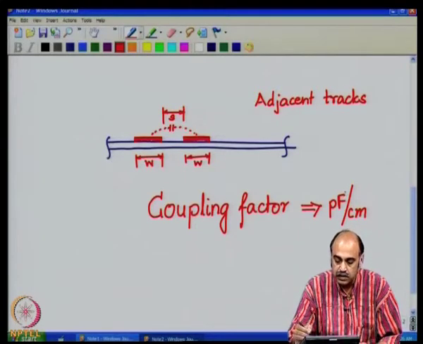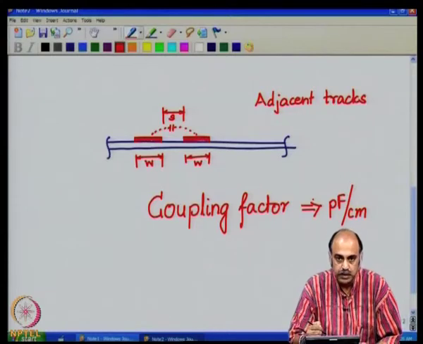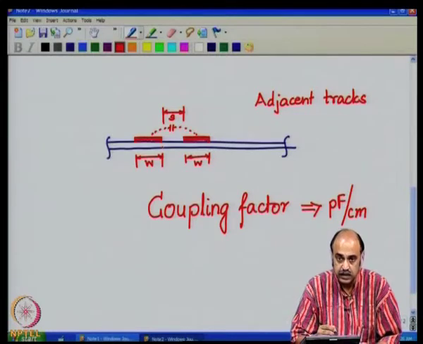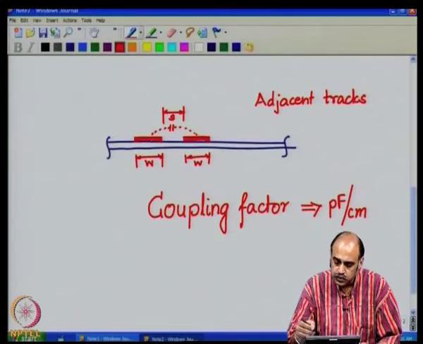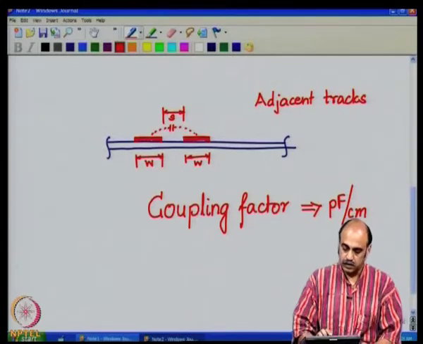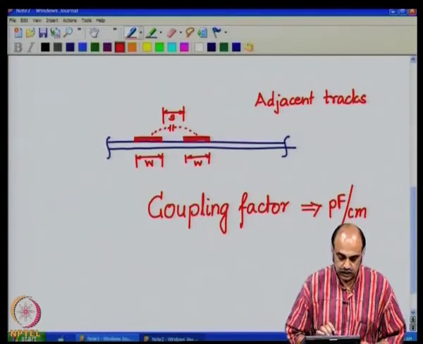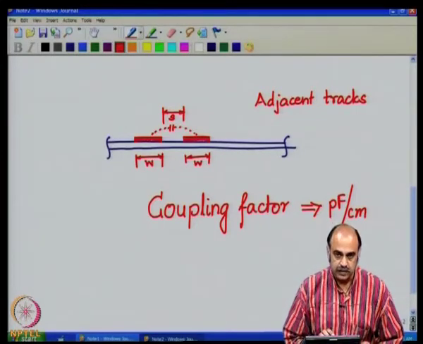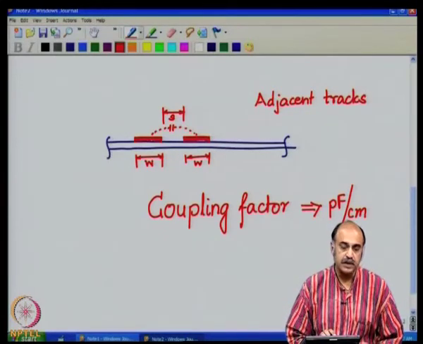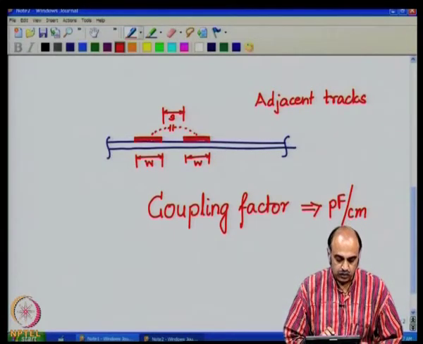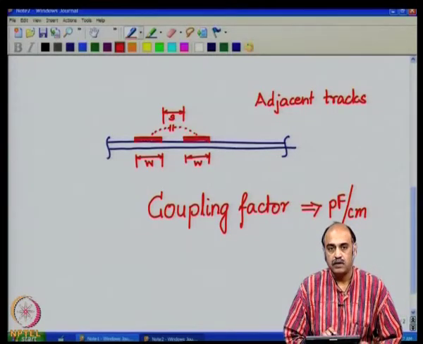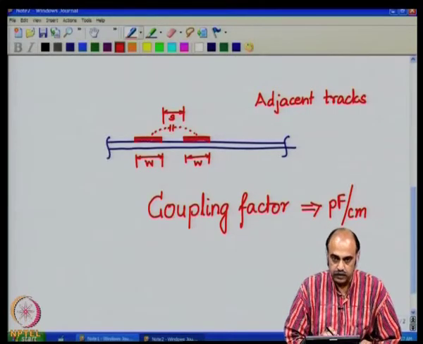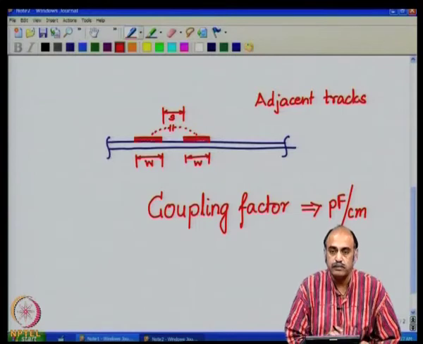So, for every centimeter run of the track, you will have so much pF resulting due to this particular position of the tracks, the adjacent tracks. So, this is an empirical relationship, and let me give you the empirical relationship with its various symbols that is generally found in the literature, and probably you could use it as a basis for at least getting the near around value of the capacitance that you would get because of a particular routing.